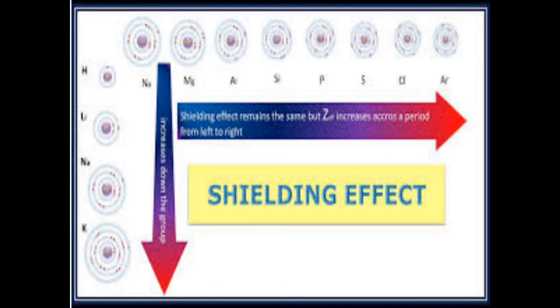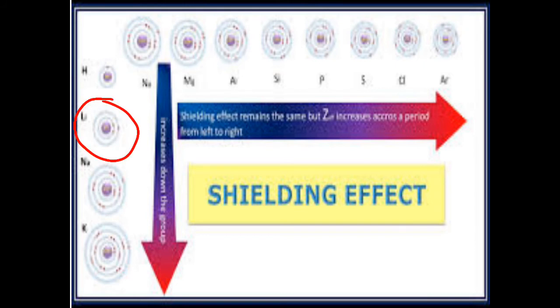Now we see the shielding effect is also related to the atomic number. As we go down a group, the number of protons is increasing. Similarly, atoms are getting bigger and more electrons are present. For example, for alkali metals, hydrogen is sitting at the top of the group. Hydrogen has only one electron in the first orbit, like this. But the next element of the same group, alkali metal, is lithium.